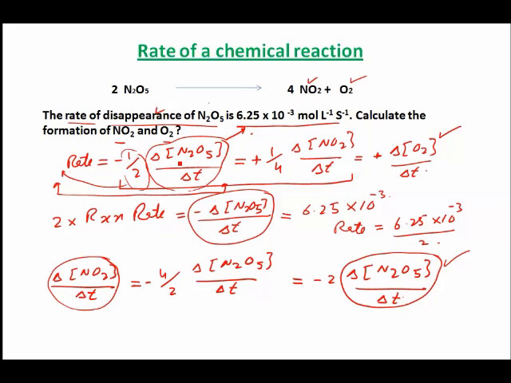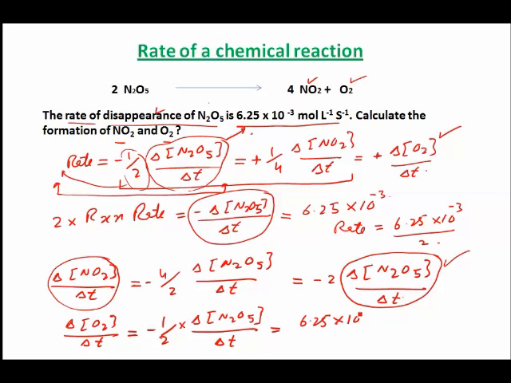If we multiply by 1/2, we get the rate of formation of O2, which is minus 1 by 2 into change in concentration of N2O5 by delta T. And this much is given, 6.25 into 10 power minus 3, so it will be 6.25 into 10 power minus 3 by 2.